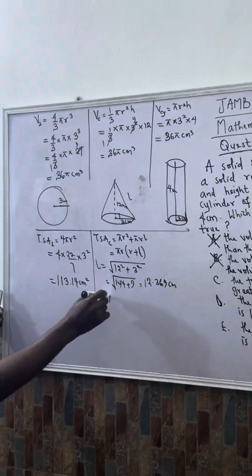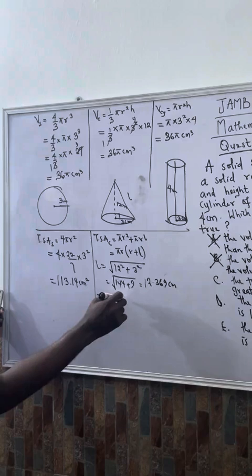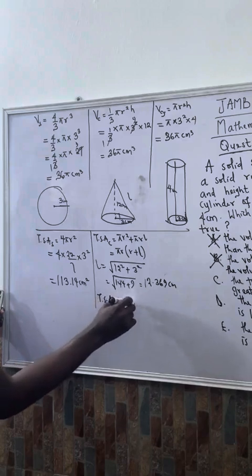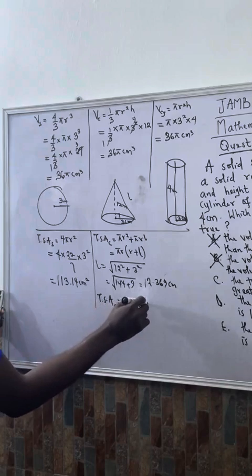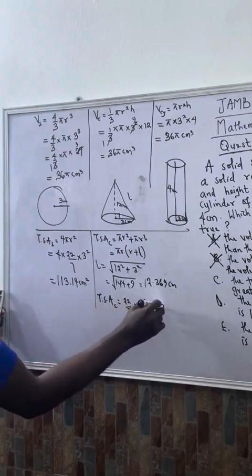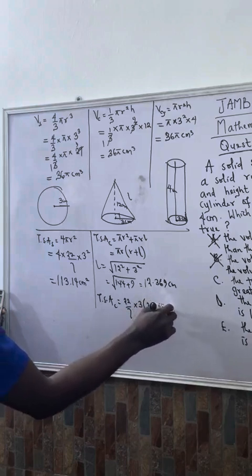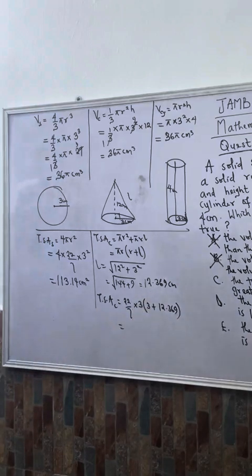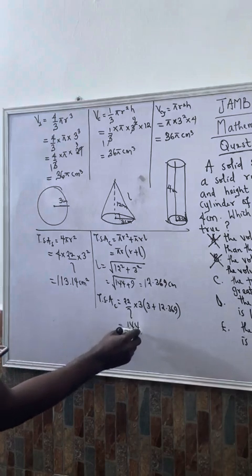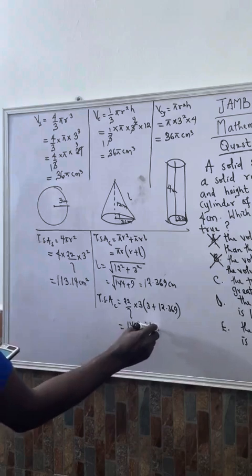Now let's use that here. The total surface area of the cone will be equal to 22 over 7 times radius 3, times radius 3 plus L, which is 12.369. Calculating this gives 144.91 centimeters squared.